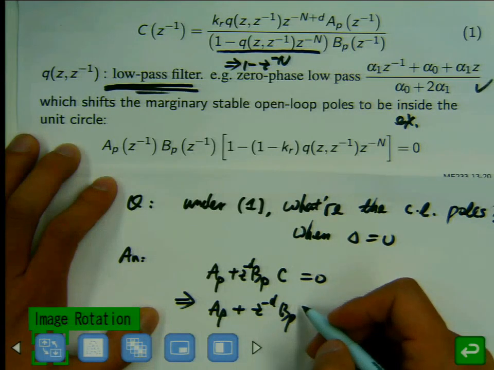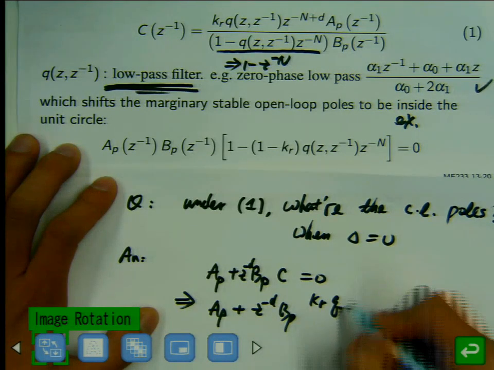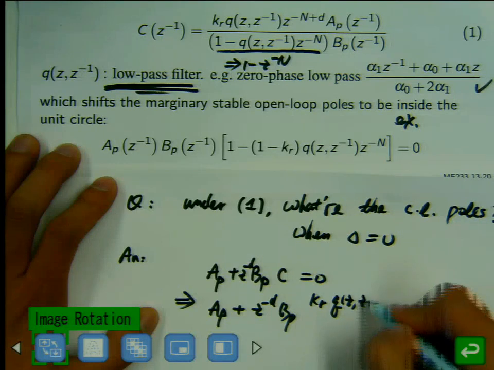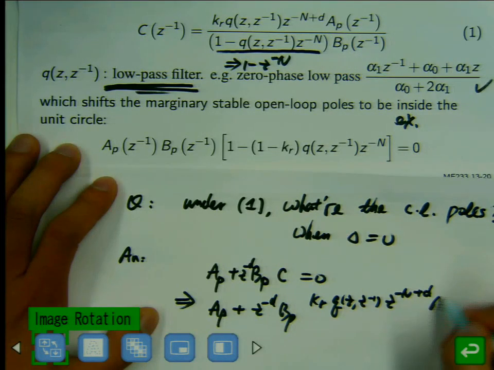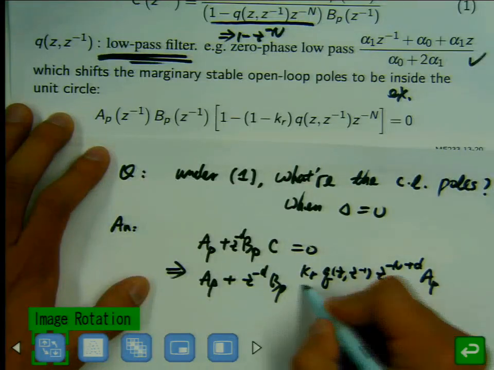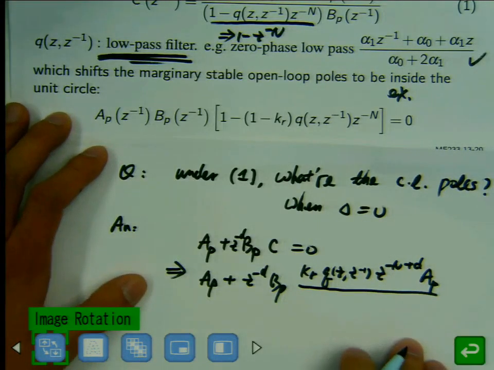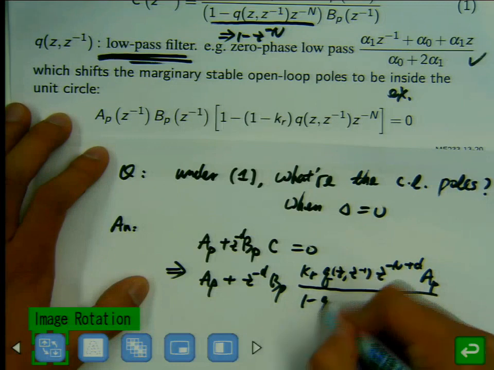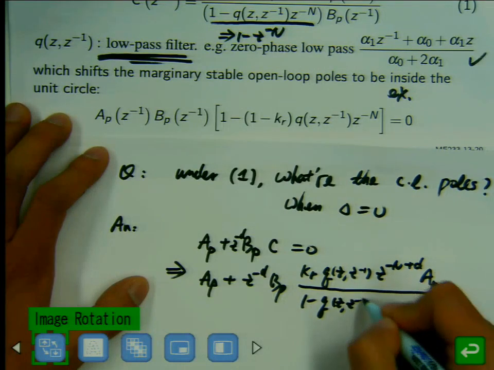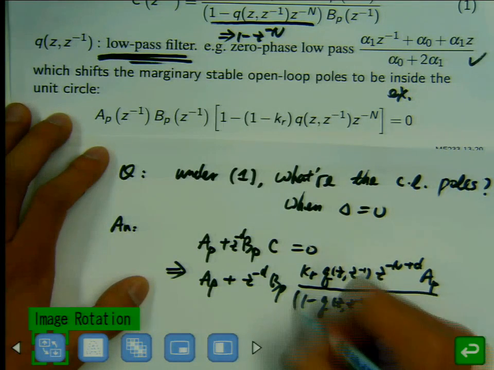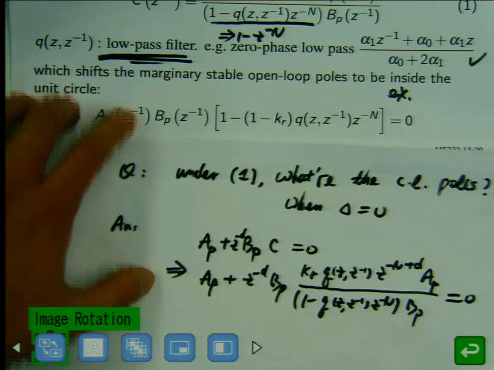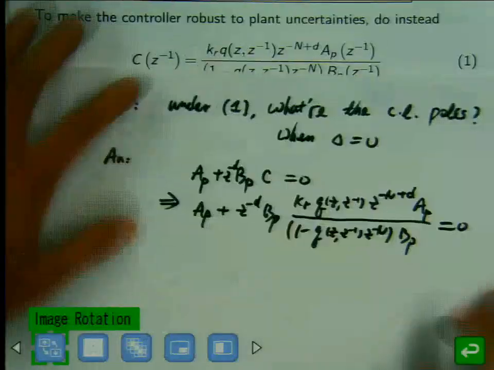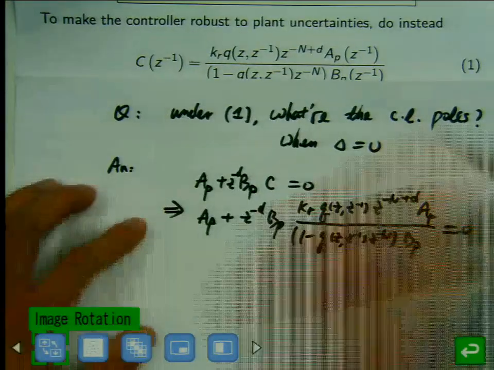My C is KR Q Z inverse Z negative N plus D AP over 1 minus Q Z negative 1 Z negative N. Let's do this exercise together to see how things go.